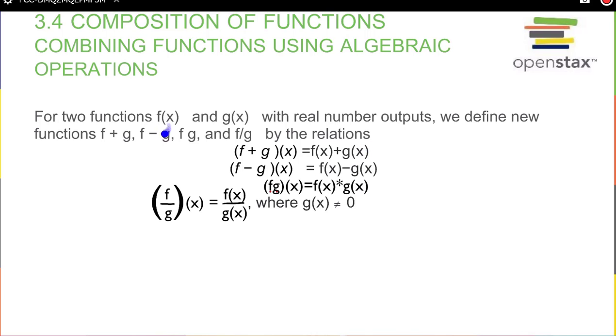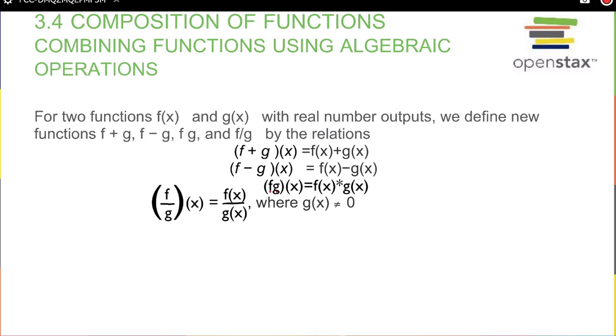When we subtract, f minus g of x equals f of x minus g of x. When we're multiplying two functions, f times g of x equals the function f of x times the function g of x.